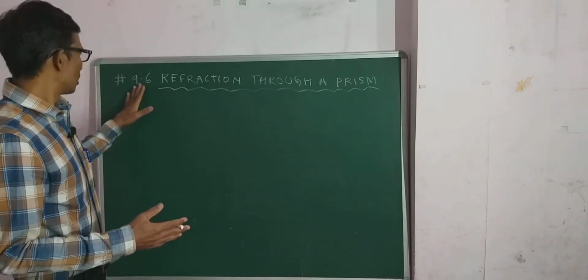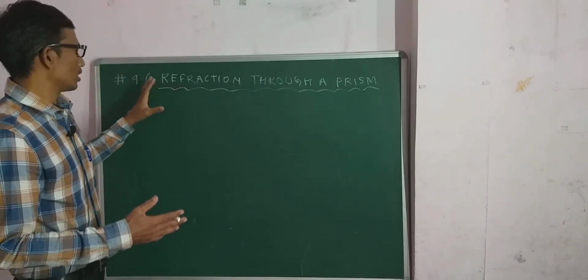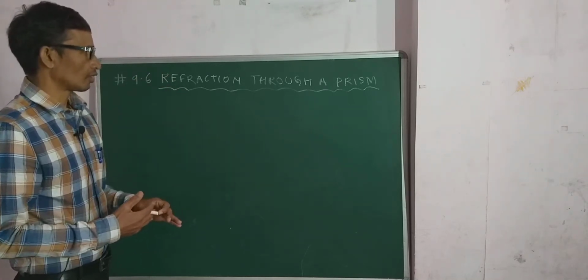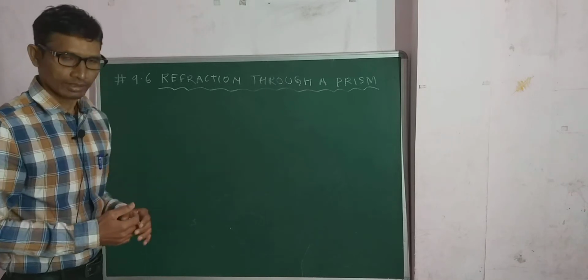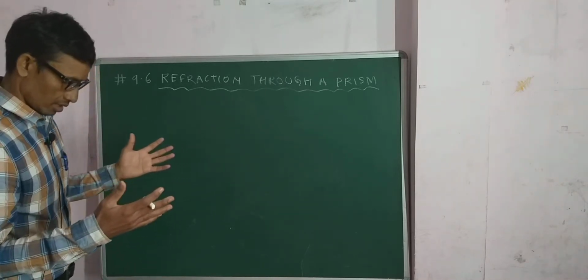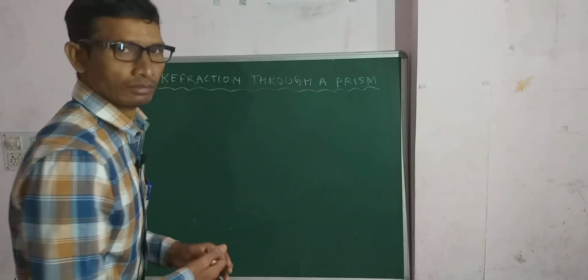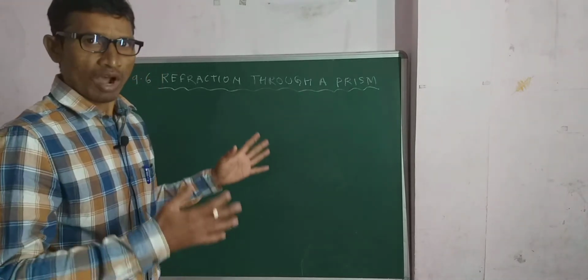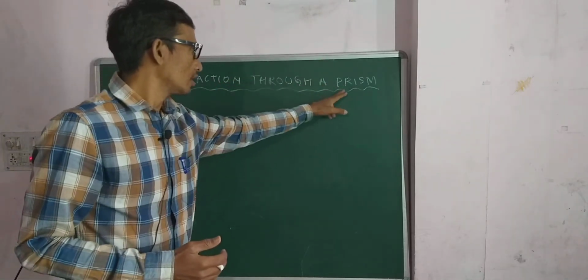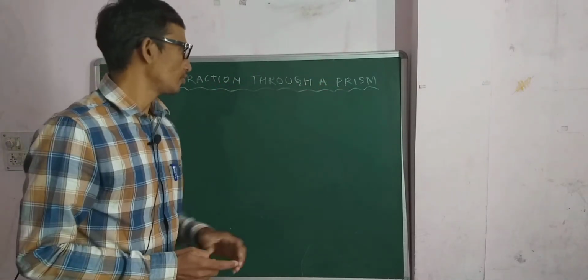This topic states that refraction can take place through a prism. What happens? What kind of equation will come? So first of all, let us know about the prism. What is a prism?